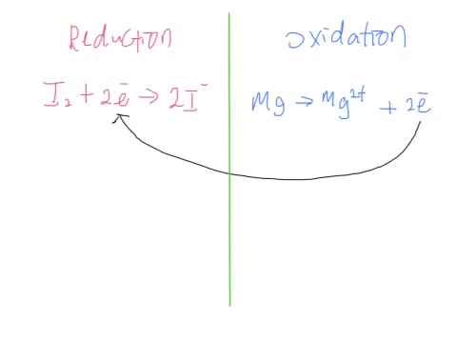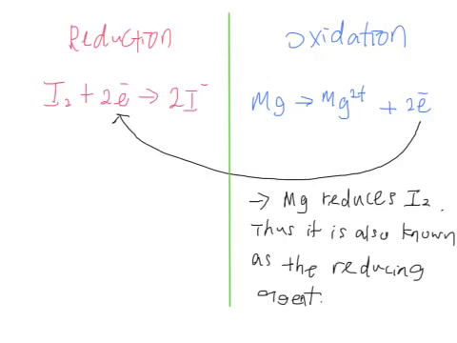Now, I would like to introduce two terms to you here. Because magnesium is said to reduce iodine, we could actually call magnesium the reducing agent. Now, magnesium itself will be oxidized, but it also reduces iodine at the same time. Therefore, we call it a reducing agent.